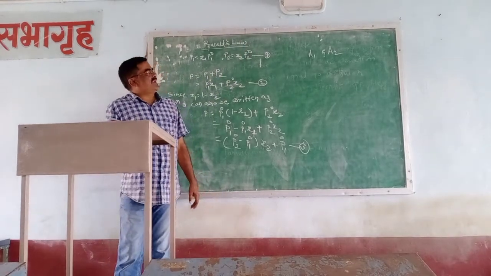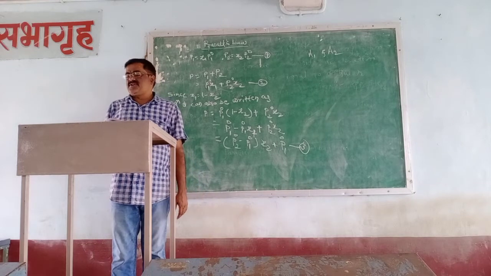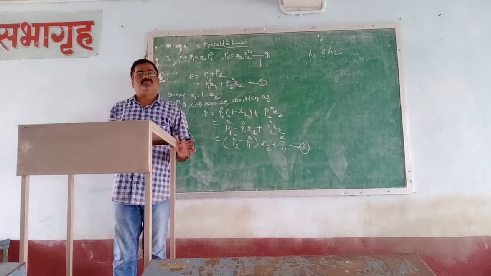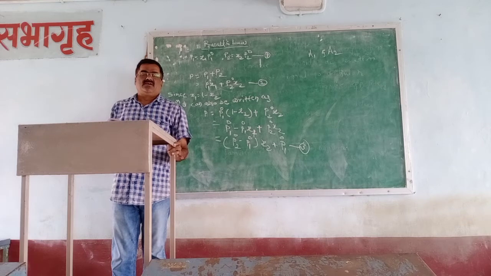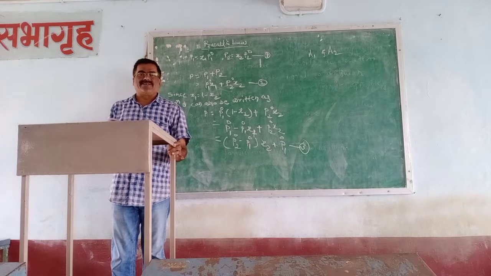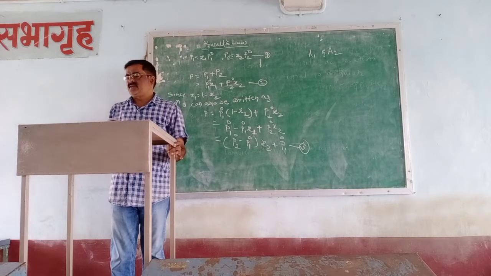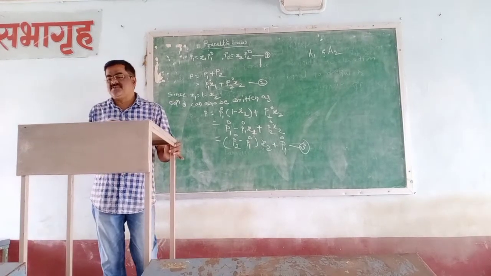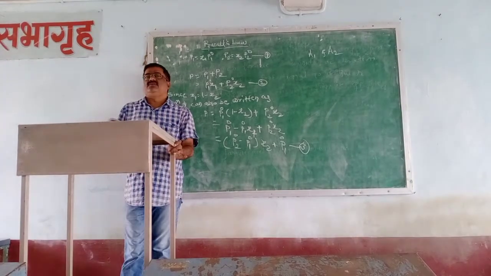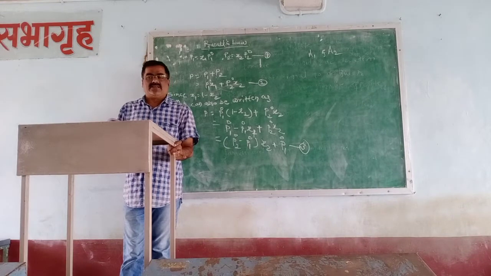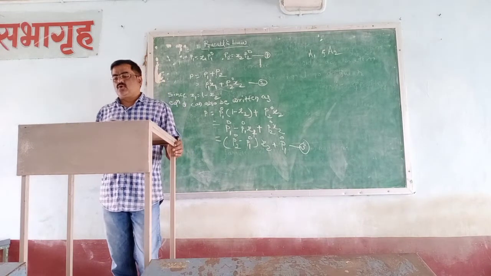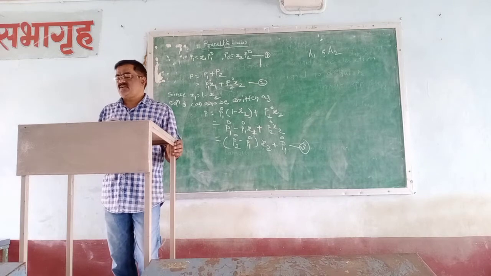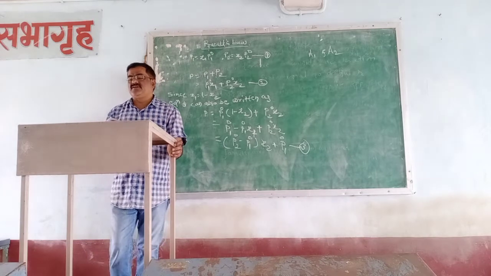When we are considering the two volatile liquids A1 and A2, they are taken into the container. Both the liquids vaporize and eventually they are in equilibrium. Both the components are present in the vapor phase.